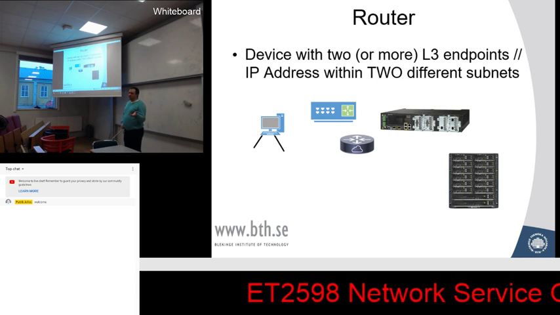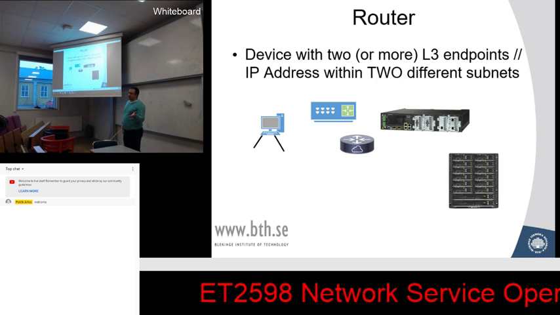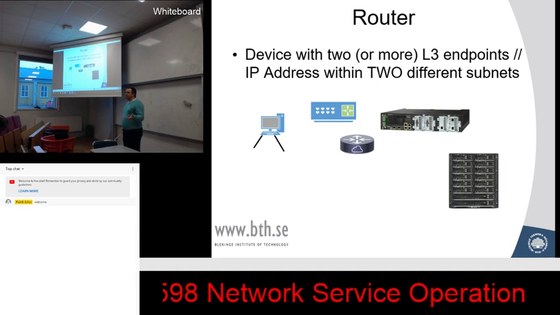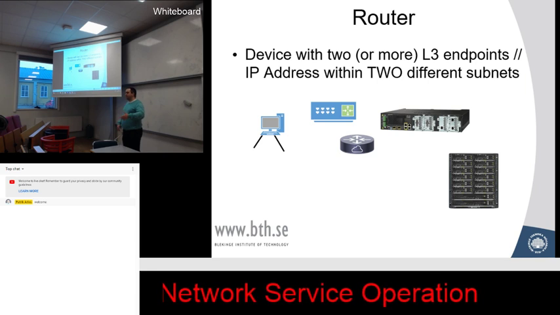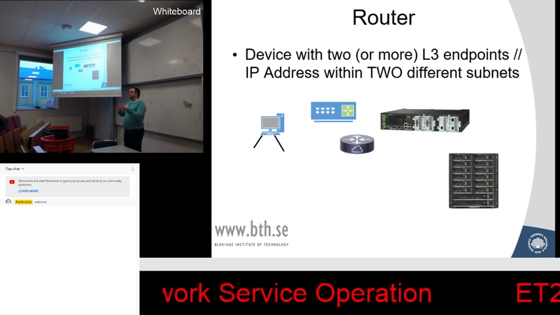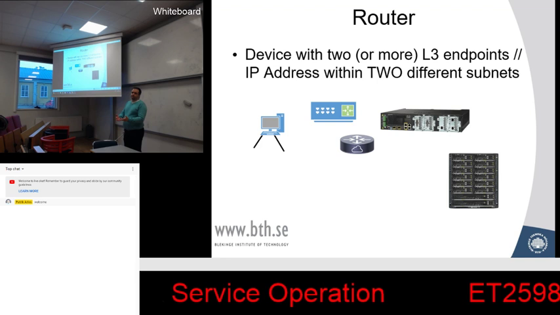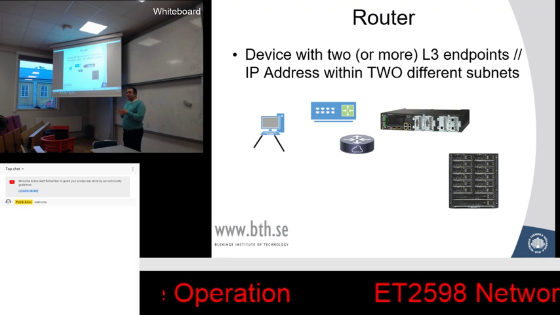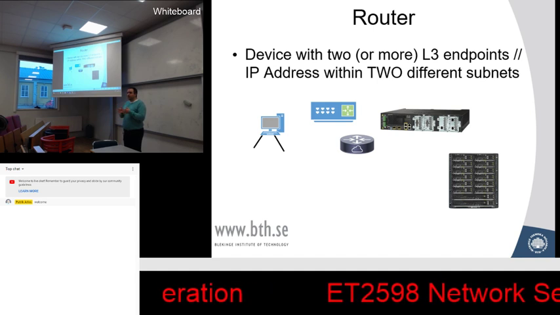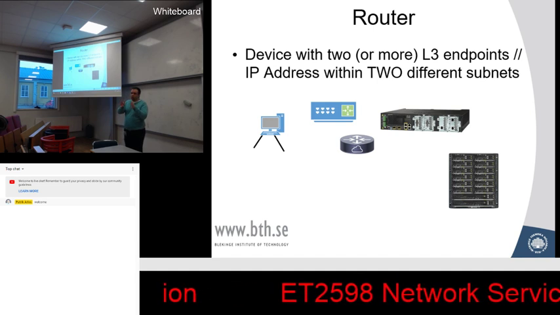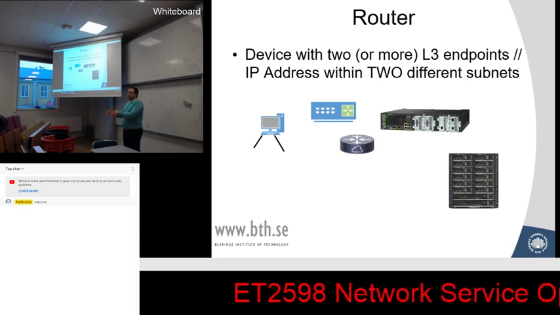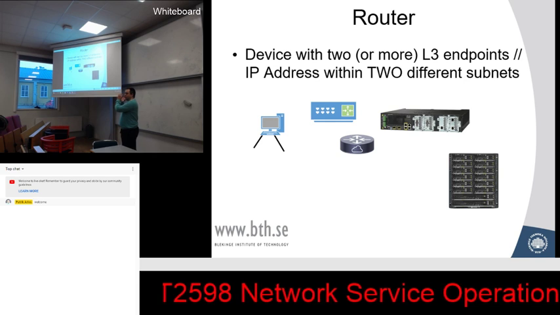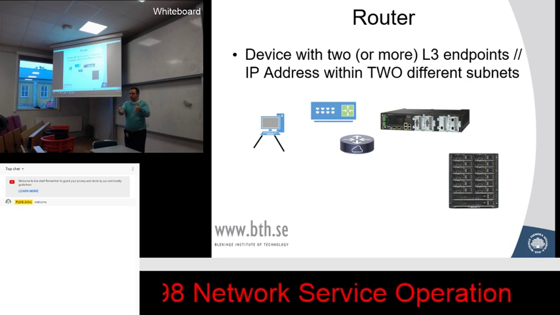Because you can have 1 interface, you can have 0 interfaces. In the virtual case, if you're running a virtual machine, that machine has virtual interfaces, okay, but there are no physical interfaces. The point being, if you have more than one layer 3 endpoint, a router can move packets from one network to the other. That is the business of the router, moving packets from network 1 to network 2.